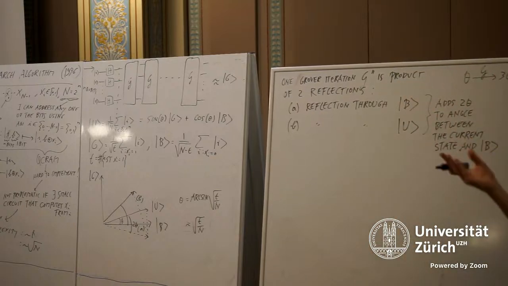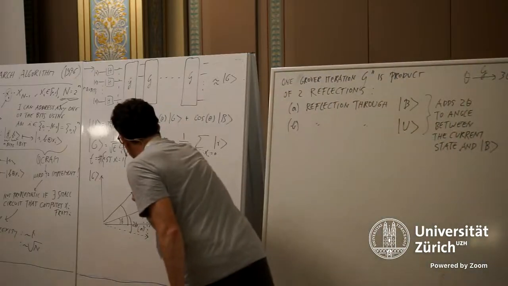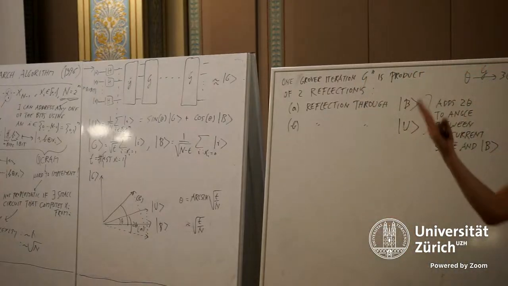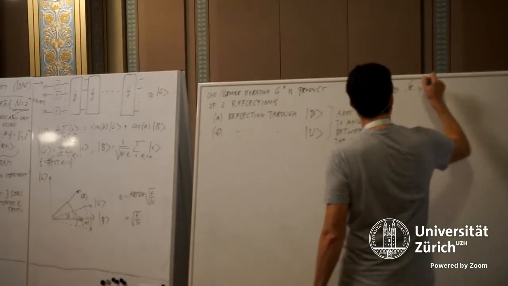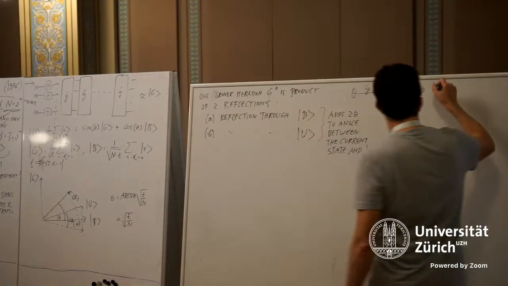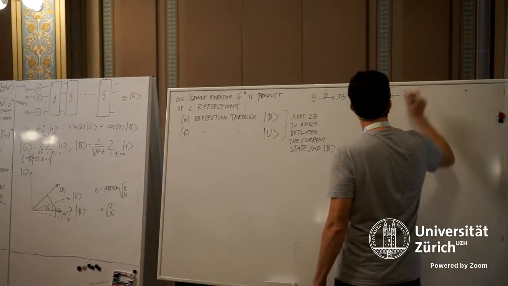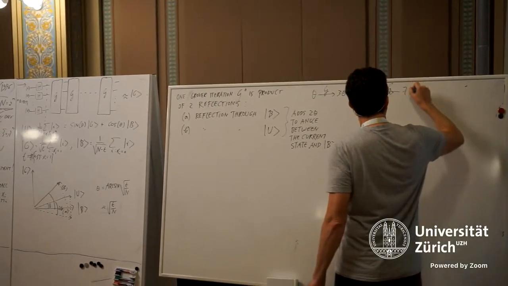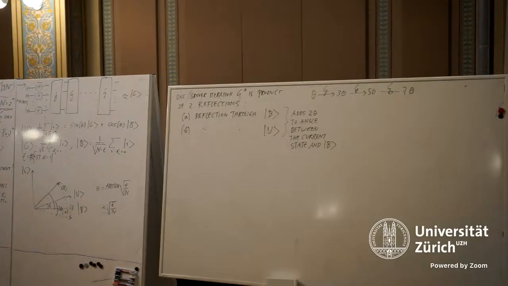If you do another Grover iteration, another 2 theta is added to this angle. If you do the reflections again, starting from the new state after the first Grover iteration, the second Grover iteration again adds 2 theta. So now we have 5 theta. We do another Grover iteration, we get 7 theta. If we can indeed implement these reflections A and B, which I still have to tell you how to do, then doing this again and again is going to move our state slowly towards the vertical axis, which is the good state where we would like to end up.